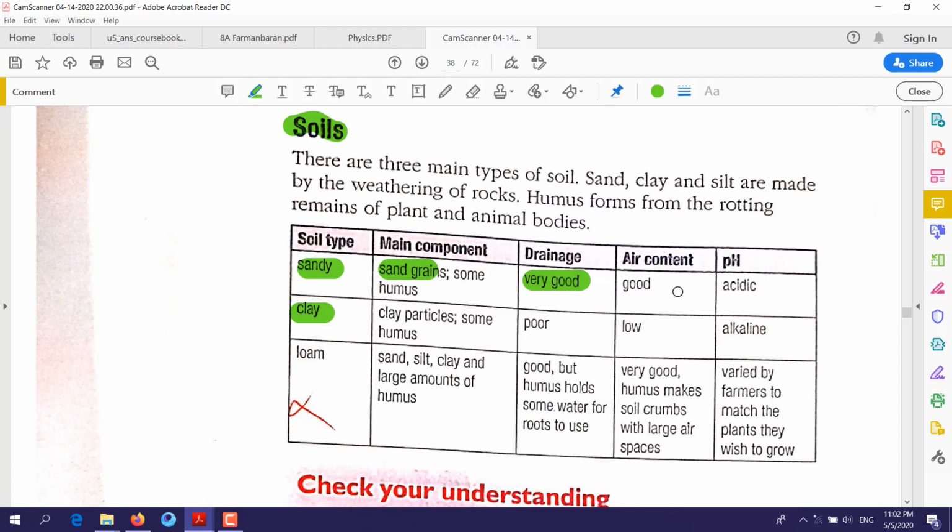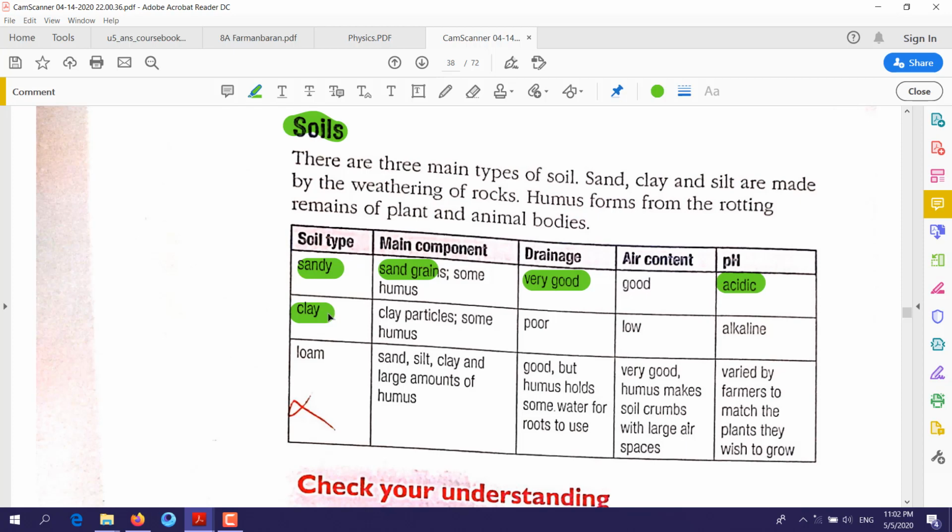Air content: is there air in or between the particles? Yes. Here we just say there is a large air space between the particles, so the air content is good. The pH of it is acidic.